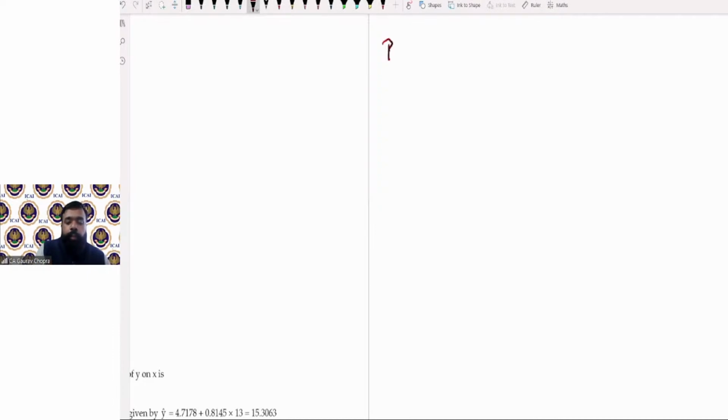Let's write properties of regression lines.